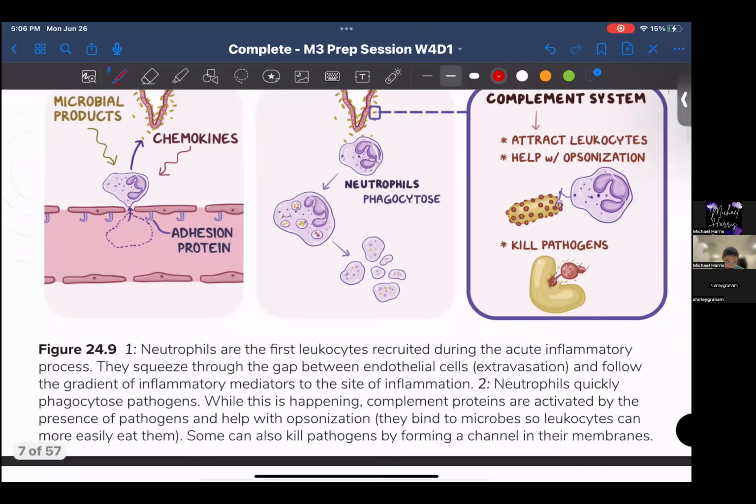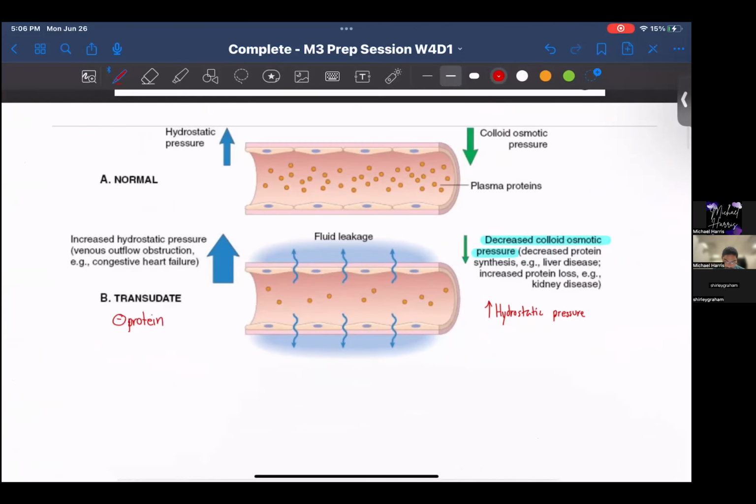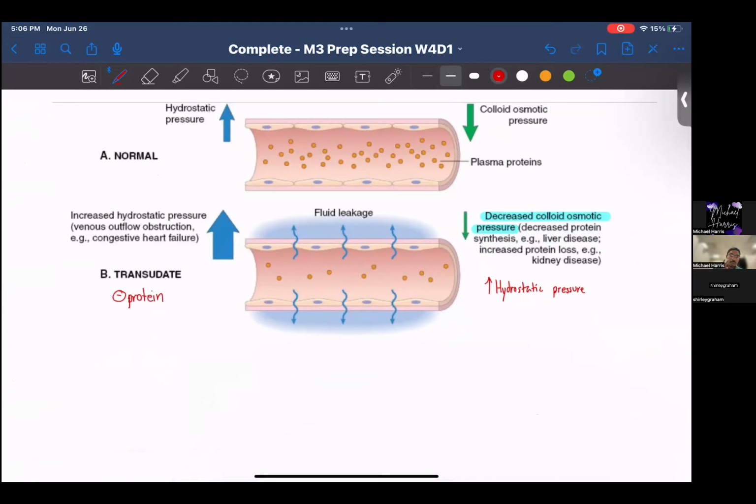Okay. Now, with that being said, we need to talk about two different types of fluids that you can get when you get damage or non-damage fluid buildup.